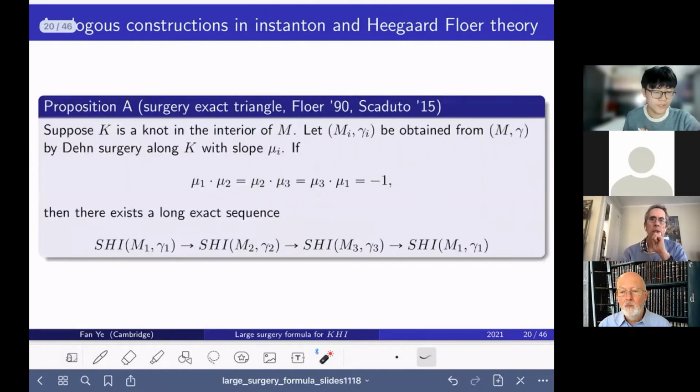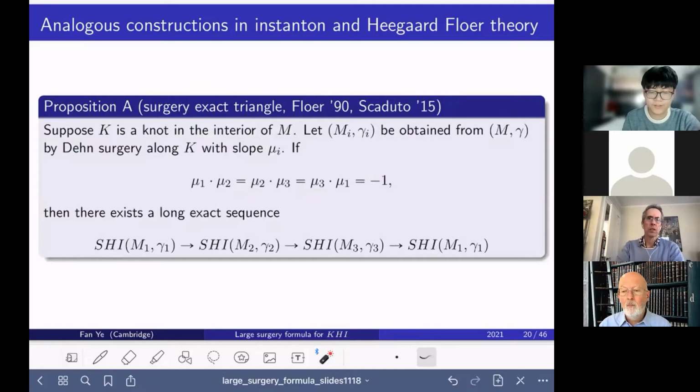Okay, so here is the most general statement of the surgery exact triangle. Let's consider a knot K in the interior of a 3-manifold M. Here the 3-manifold M could have some boundary.